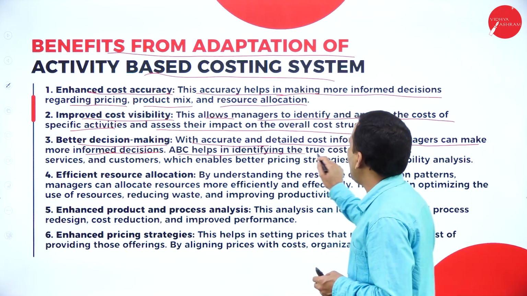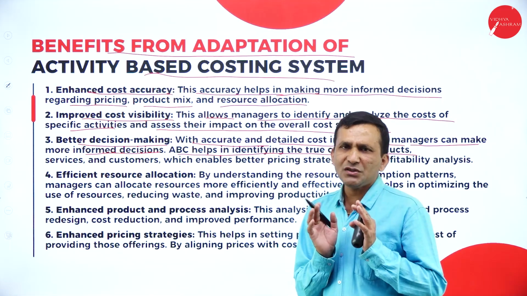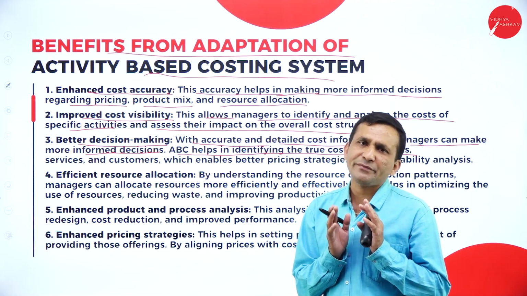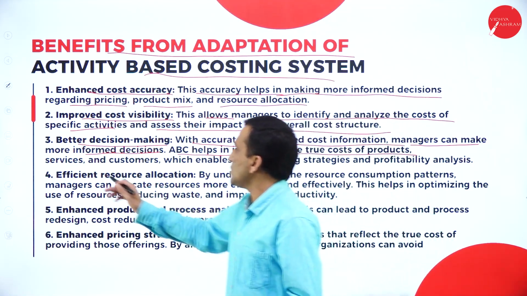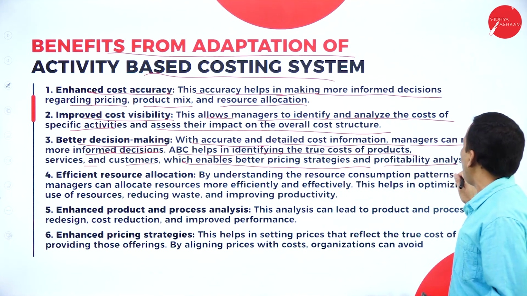ABC helps to identify the true cost of a product. We will get to know what the cost is, how much we are charged, and what types of activity we have identified, including service and customer. This enables better pricing strategy and profitability analysis.